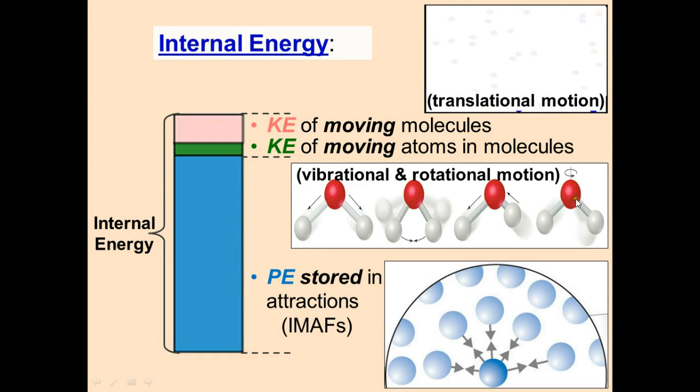So just like we looked at the water molecules, inside each, the atoms move a little bit. And so this can also represent kinetic energy. And then potential energy, which makes up a lot of energy, is stored in the attractions and bonds. So potential energy is stored in bonds and IMFs.